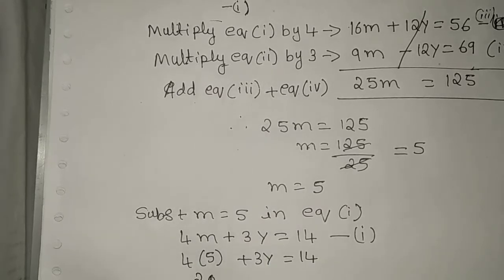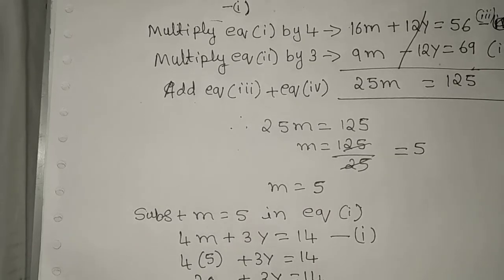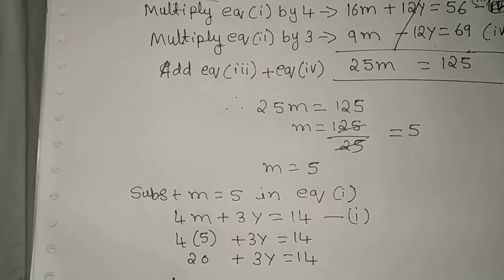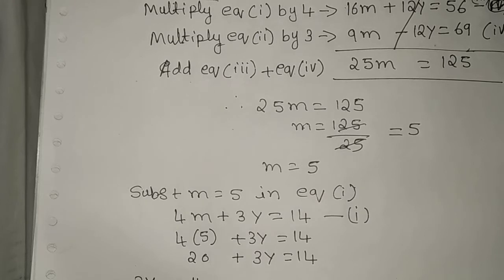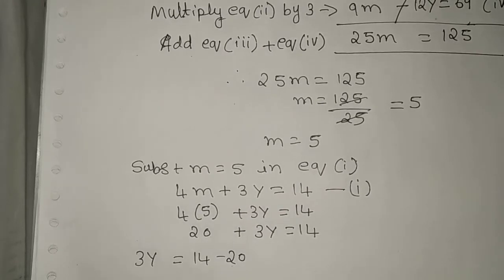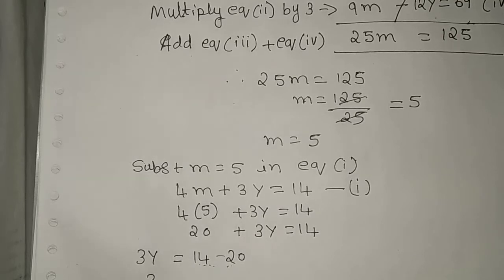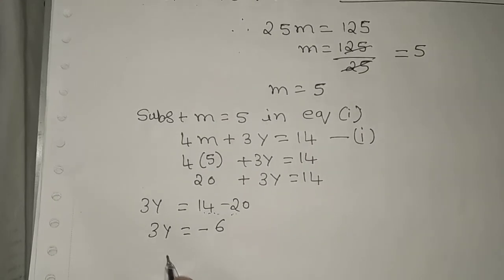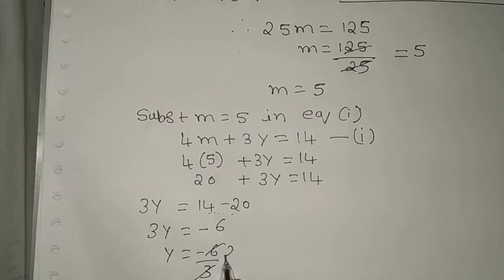So 4 5s are 20 plus 3y is equal to 14. Then 3y is equal to 14 minus 20, which is minus 6. Therefore y is equal to minus 6 by 3, and y becomes minus 2.